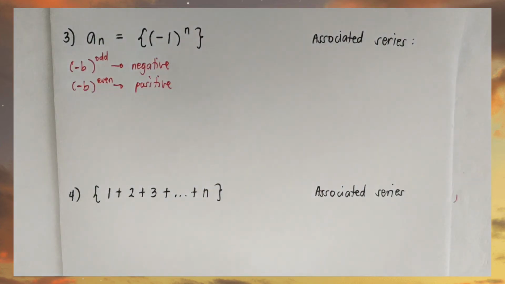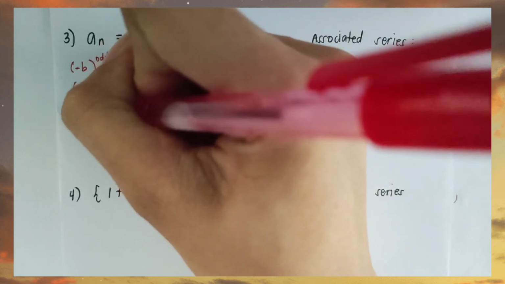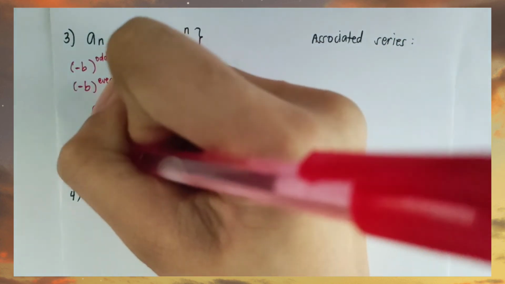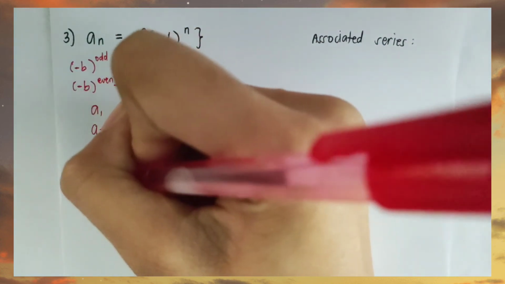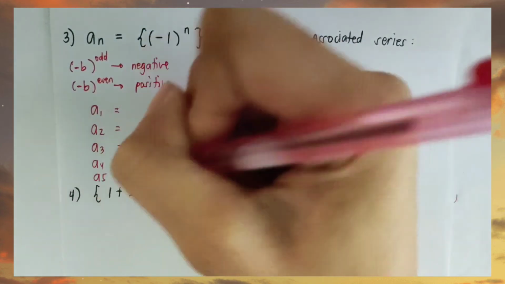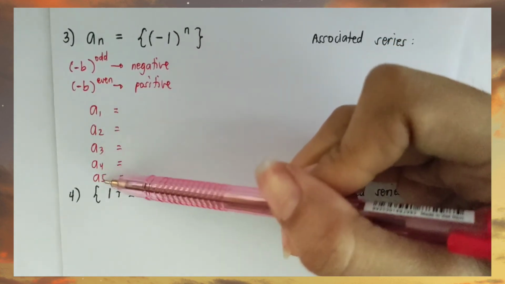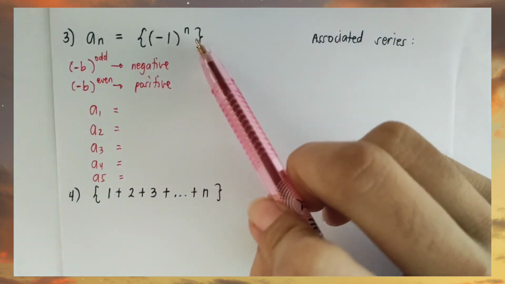Okay, so let us write the first 5 terms of number 3. We have here A sub 1, A sub 2, A sub 3, A sub 4, and A sub 5. We will substitute the subscripts here 1, 2, 3, 4, 5 to our n.